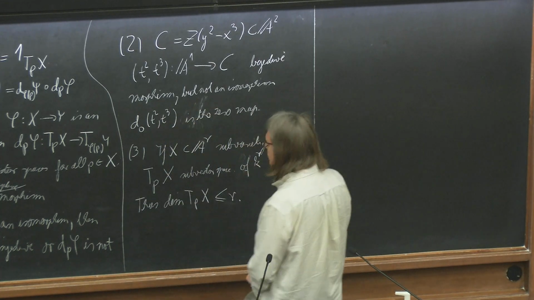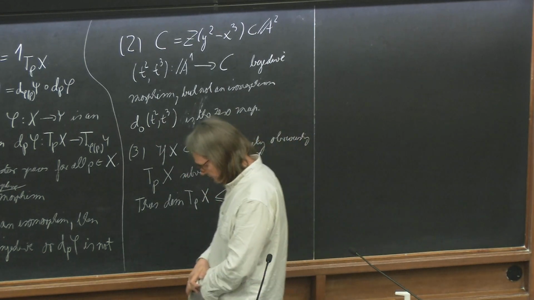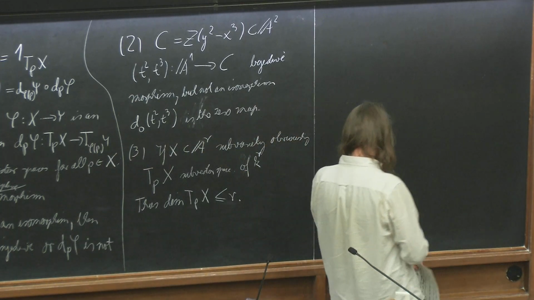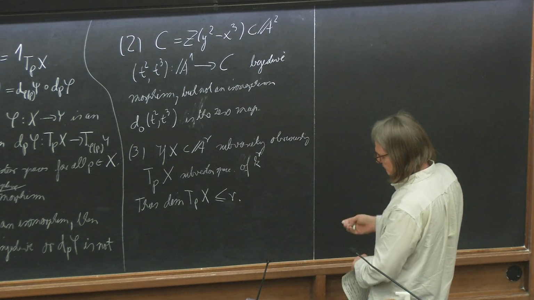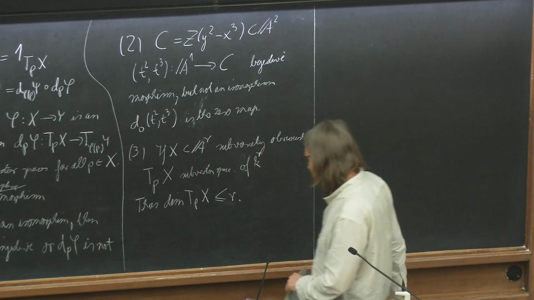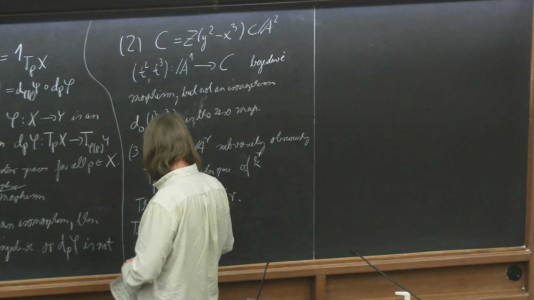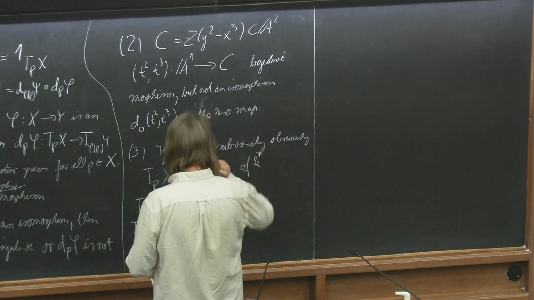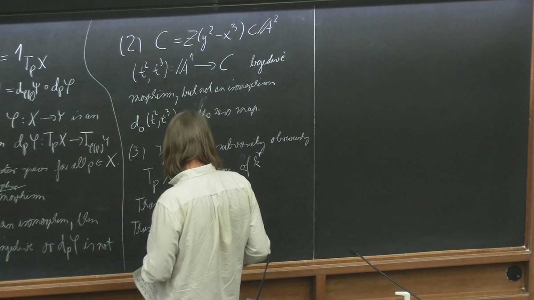Therefore, if you have a variety which at some point has the dimension of the tangent space bigger than r, no neighborhood of this point can be embedded into A^r. Or at least X cannot be, let's say just for now, that X cannot be embedded in A^r.